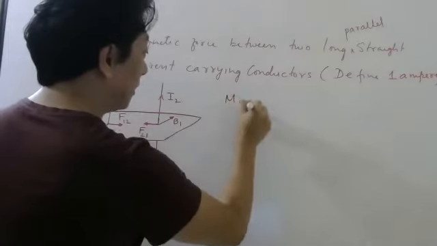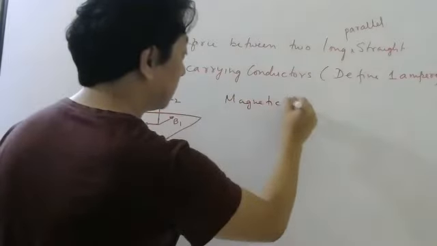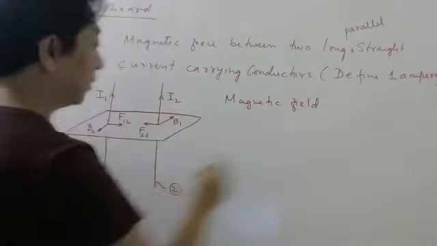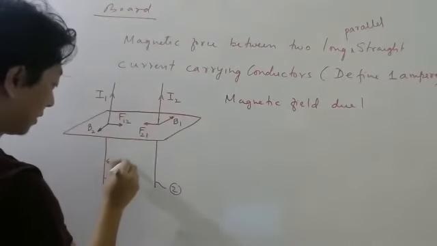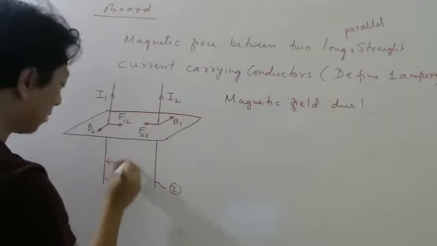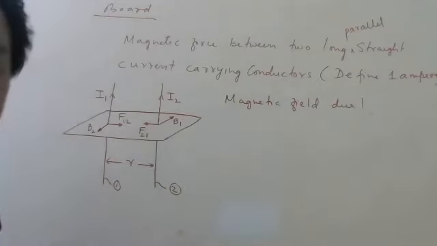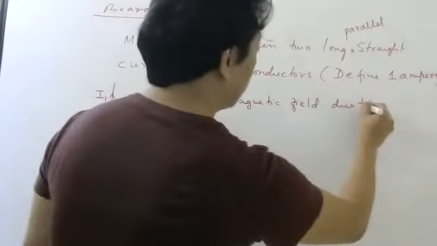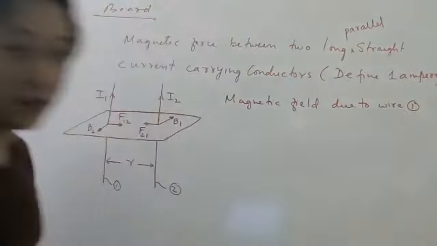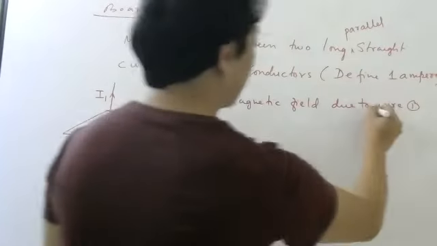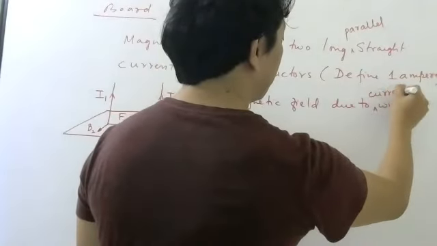So magnetic field due to, let us say this distance is R only, no problem. R. Okay. So magnetic field due to current in wire 1.